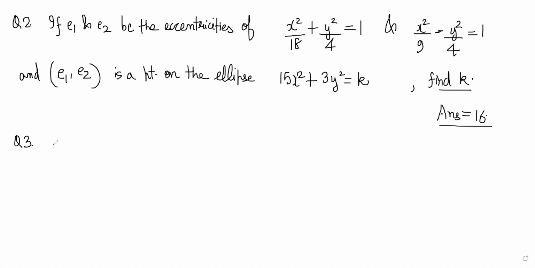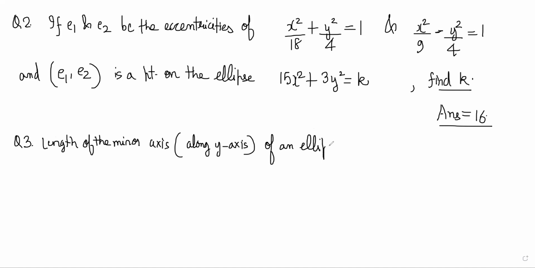Then the next one is: the length of the minor axis along the y axis of an ellipse in the standard form is 4 by root 3.